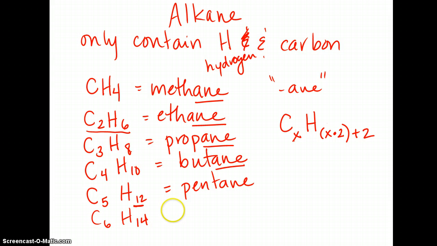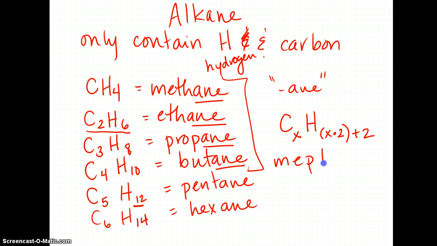C6H14 is called hexane. Okay, so I feel like once you know these 4, then the rest of them are relatively easy. And the only way I remember it is MEP-B. I know it doesn't sound very exciting, but you just kind of have to memorize that. And that's the end of the lesson.